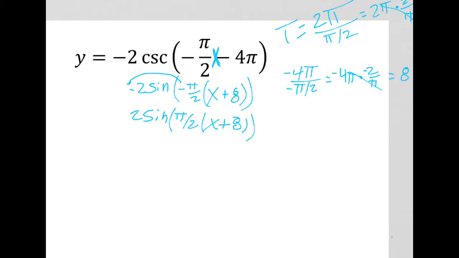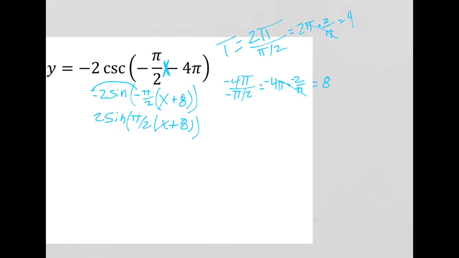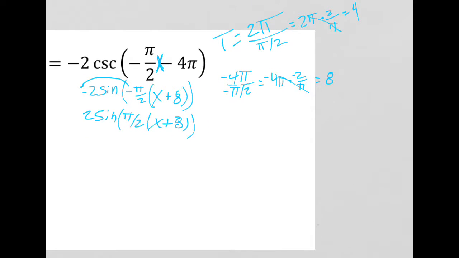We can go a little bit farther because we know the period is 4 and the phase shift is 8. The phase shift is just 2 periods, which means if you think about the unit circle, if I normally am starting right here, well, I'm going 1 full period around, another full period around, I'm back where I started.